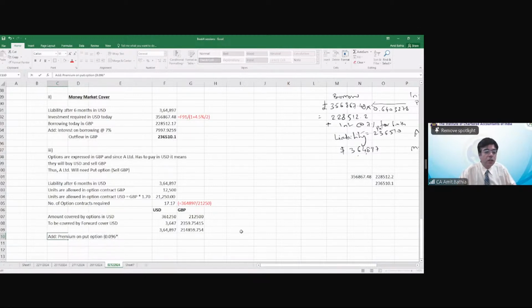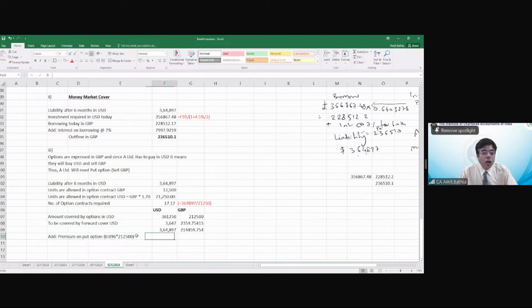That is $0.096 for every GBP. So I will need to multiply this with 212,500. Am I right? Yes, sir. 212,500. Remember, you will pay the premium only on the cover which you have obtained, not on the uncovered position, because that amount is not covered by your options, right?